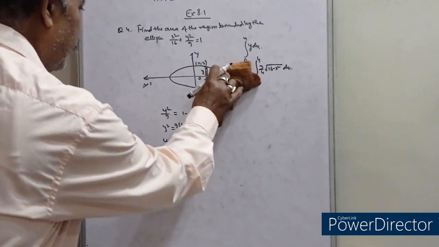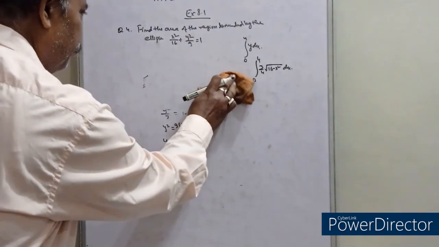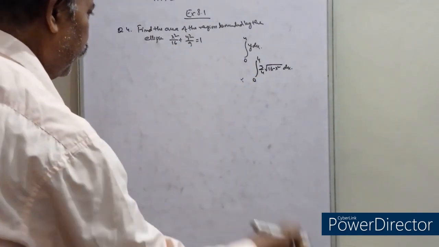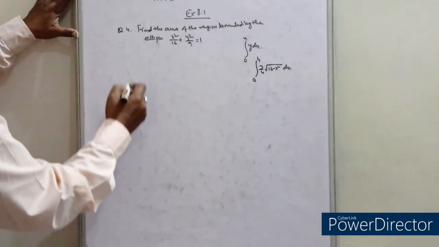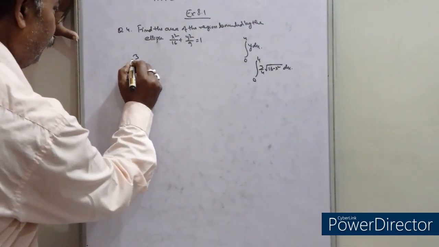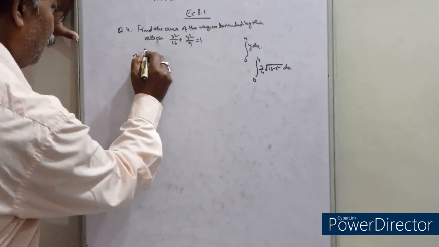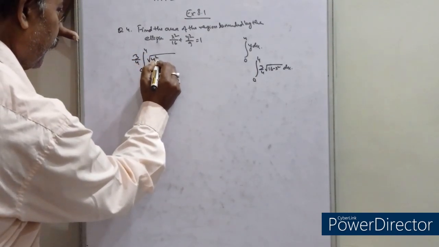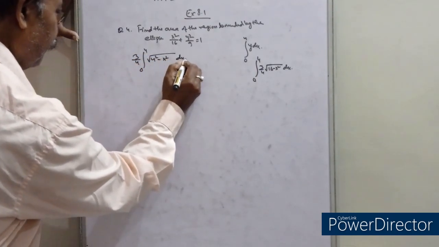Let me rub it and proceed further, that is integration of this. This will be 3 by 4, integral from 0 to 4 of root over 4 square minus x square dx.